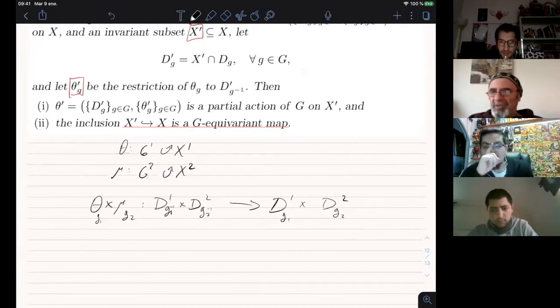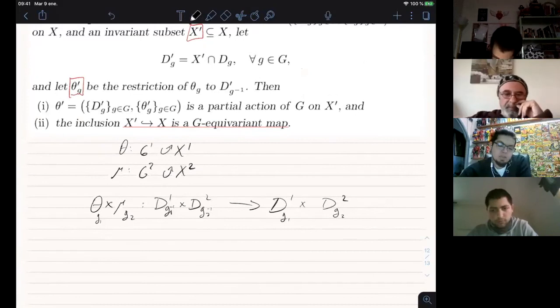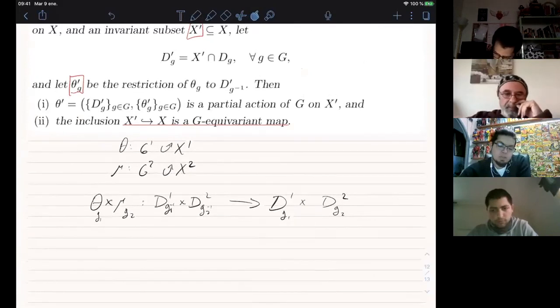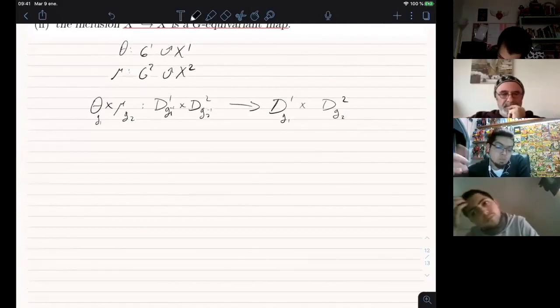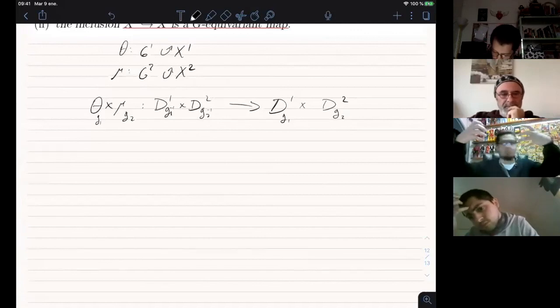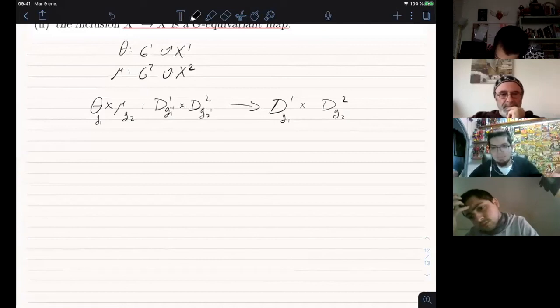I have the impression that if we consider these two partial actions and we don't consider any topology, then the problem is just looking at two different actions separately but at the same time.